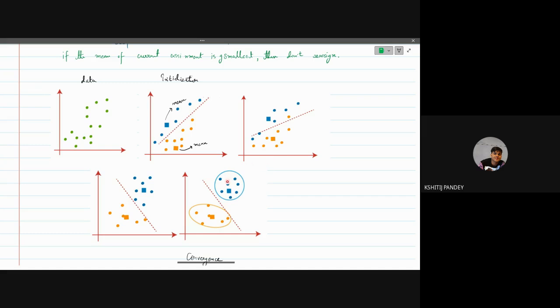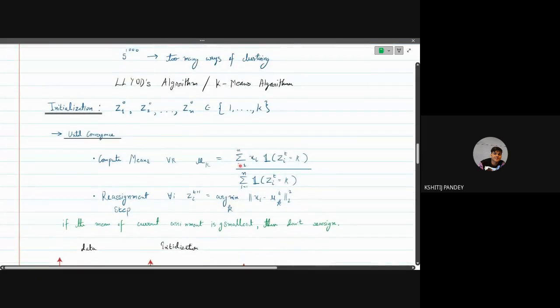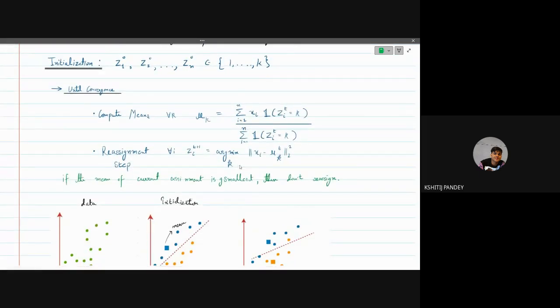That means the distance between the point and the current mean is smallest compared to the distance between the point and the mean of other clusters. So in the end, with this algorithm, we achieve a state of convergence. So is the algorithm clear? Yes, sir.